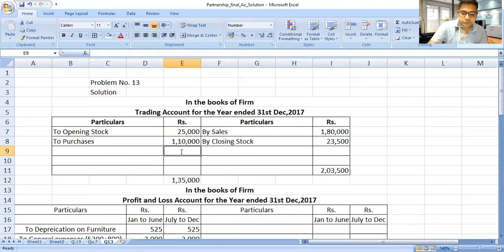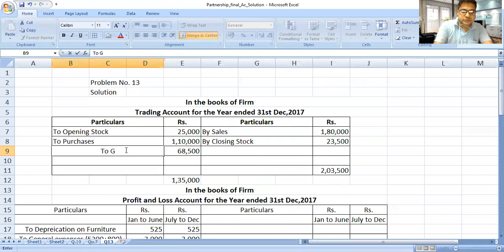So 2,03,500 minus 1,35,000 is equal to 68,500. It is the gross profit carried down.